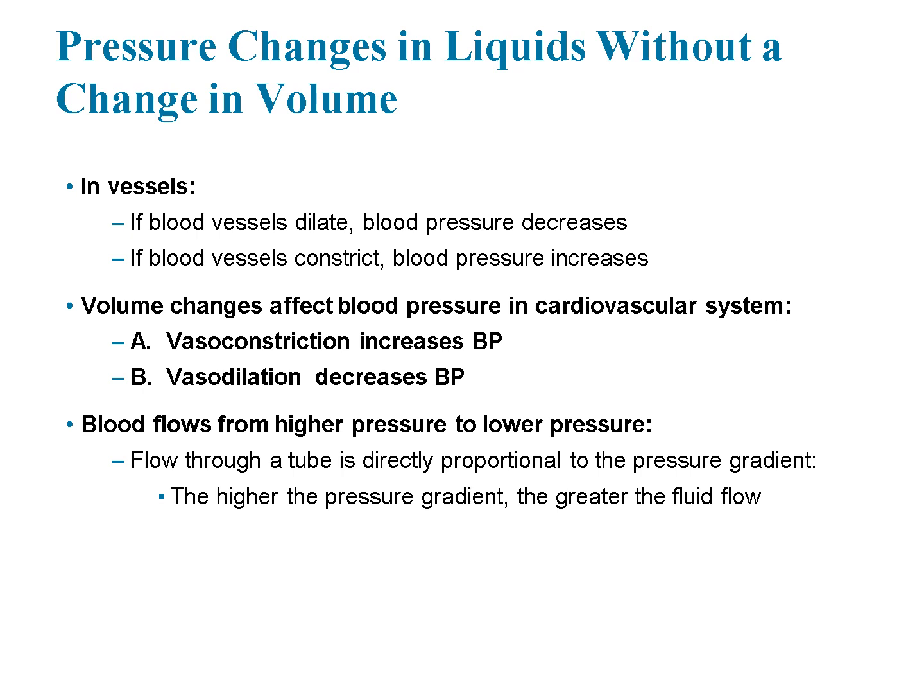This principle is essential for maintaining proper circulation and ensuring that organs receive the oxygen and nutrients they need. In blood vessels, dilation or widening of the vessel decreases blood pressure, allowing for increased blood flow. Conversely, constriction or narrowing of the vessel increases blood pressure by restricting blood flow and increasing resistance.